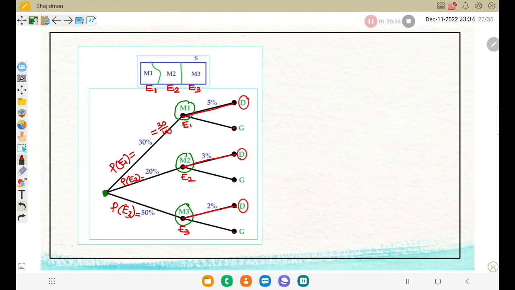So here I am defining the event one by one. E1 means bolt is produced by first machine, correct? And E2, here I cannot write E complement like that because it is different event, correct?